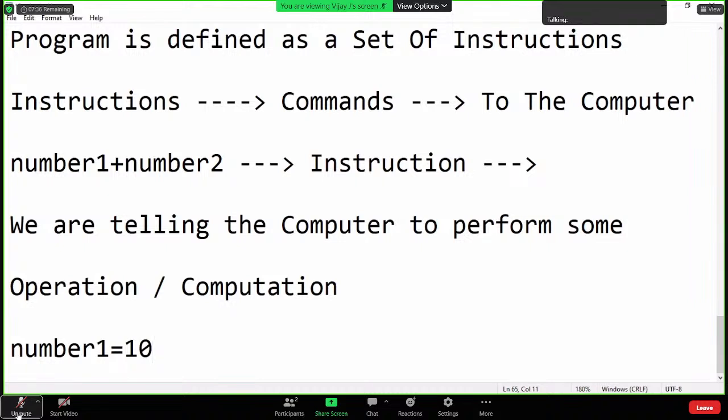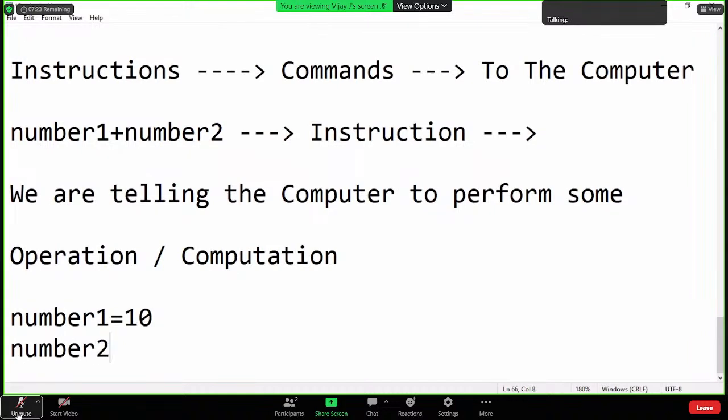You are giving the instruction to the computer that you are taking a variable, where the value of the variable is 10. Similarly, we have one more instruction like number 2 is 20. I'm modifying; otherwise we can take the same 4, just we can take 2.